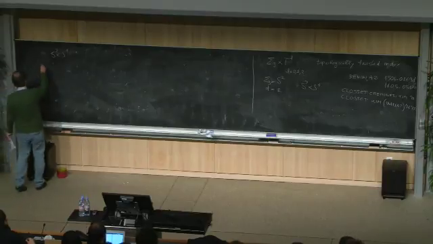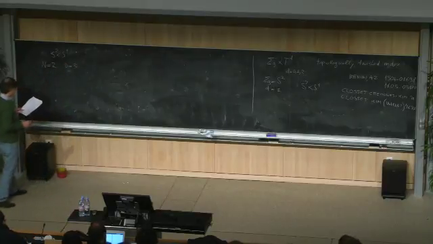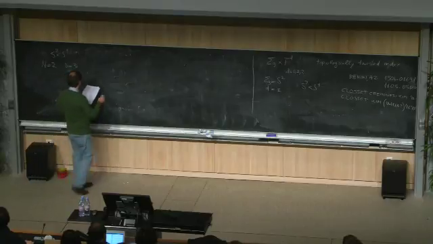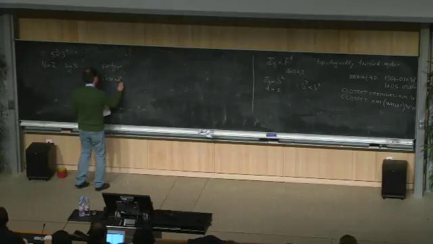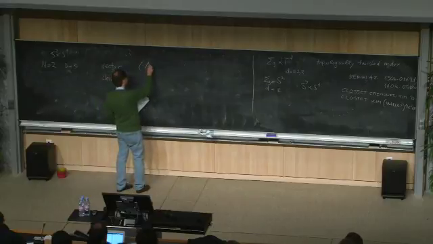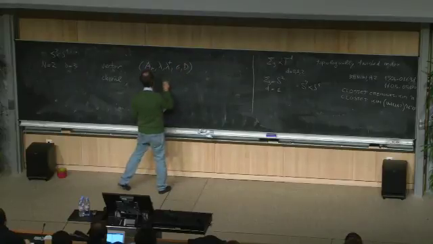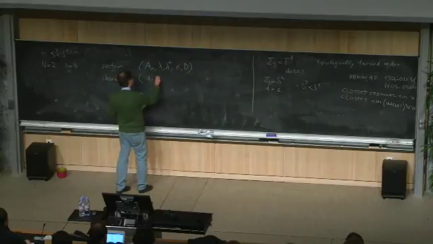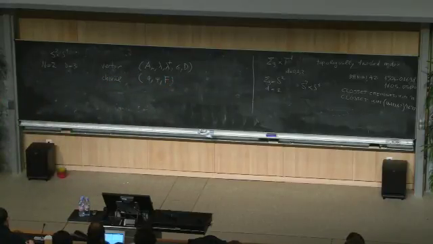And I want to consider N equal to 2 supersymmetry in 3 dimensions. There are 2 multiplets, the vector multiplet and the chiral multiplet, which contain the following fields. This is the vector multiplet, and this is the chiral multiplet. I hope that now I'm writing big enough. Look at the vector multiplet.